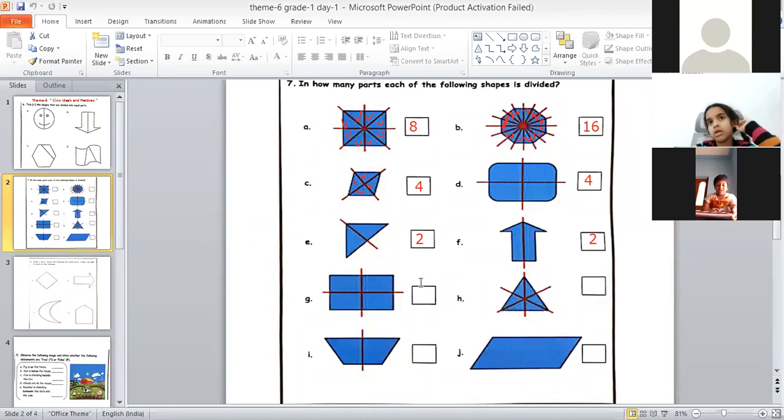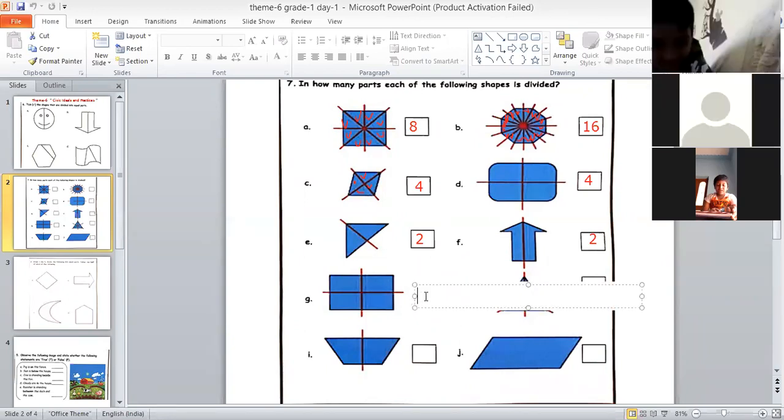Okay. Tarini, the next shape, bit G. Into how many parts? 4. Yes, very good. This rectangle is divided into 4 parts.